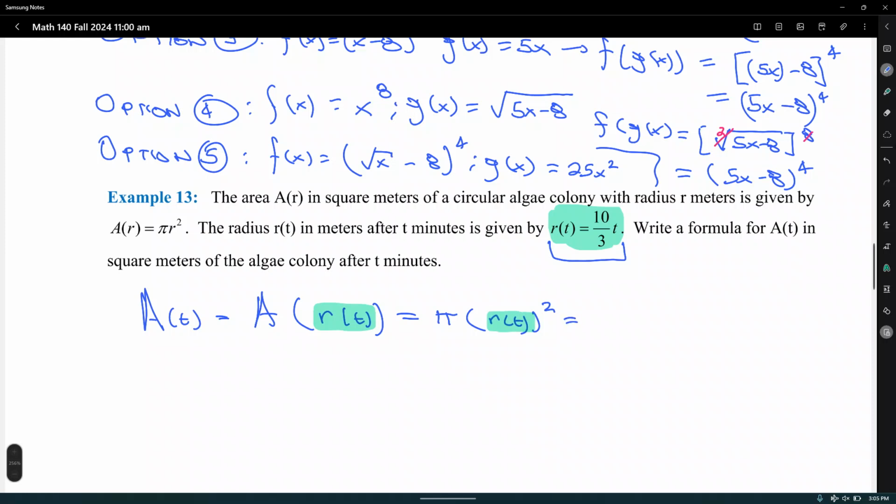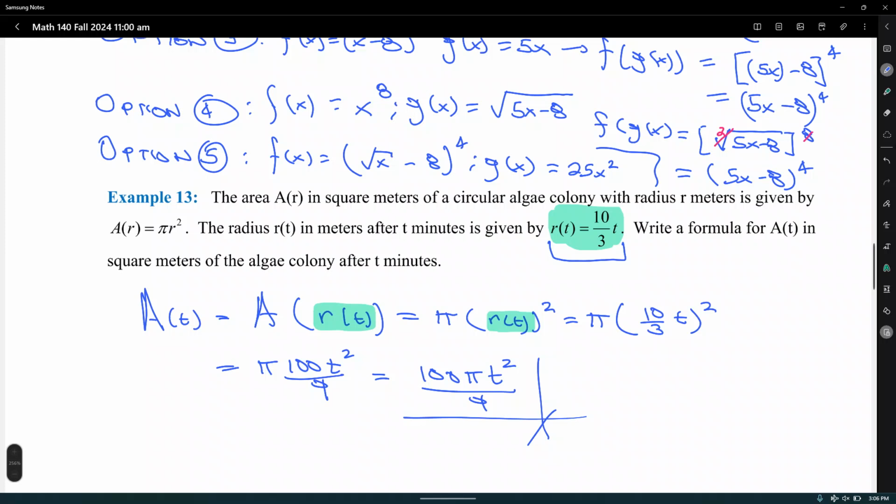That equals pi times our function in terms of t, which is 10 thirds t, squared. In this case, that is pi times 10 squared, which is 100 t squared over 9. Just cleaning this up, how about 100 pi times t squared all over 9? And that'll be our final answer.